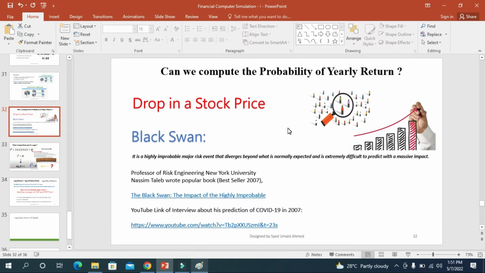But before going to the drop, understand one thing carefully: we can only calculate the drop in a stock price if we know that the log return of our stock is approaching a normal distribution. If it is, then in the normal distribution we can calculate the drop.